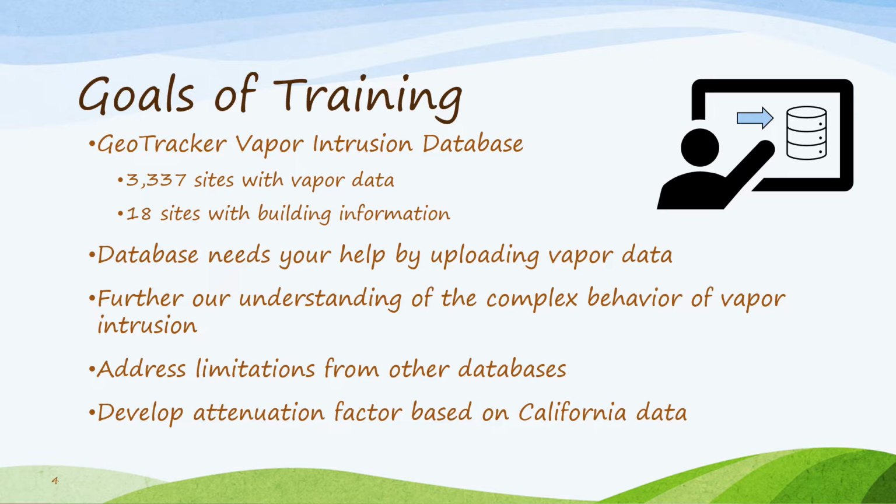Unfortunately, we only have 18 sites with building metadata. So in order to build a robust database, we really need your help with uploading vapor data. That way we can all further our understanding of the complex behavior of vapor intrusion. We also could potentially address limitations from other databases and develop an attenuation factor based on California-specific data.